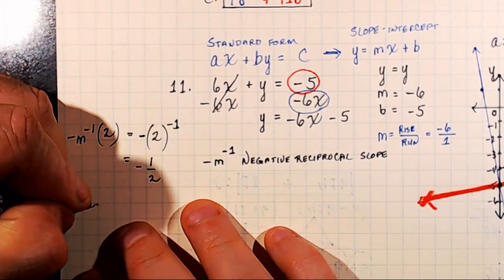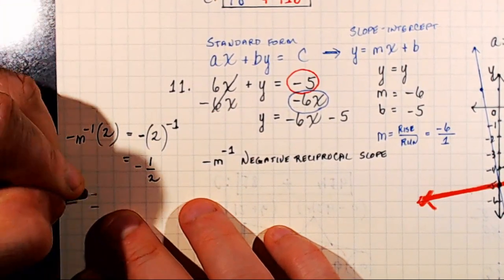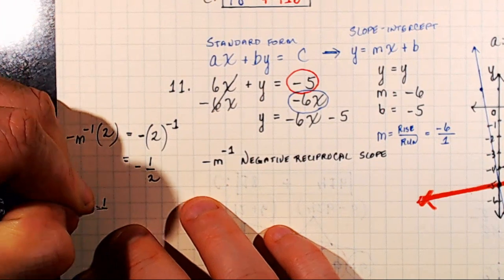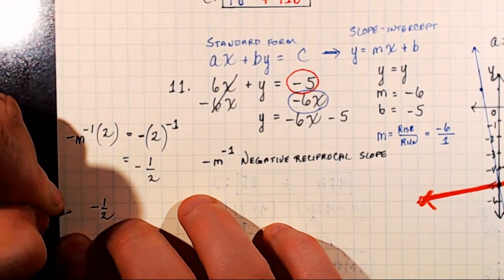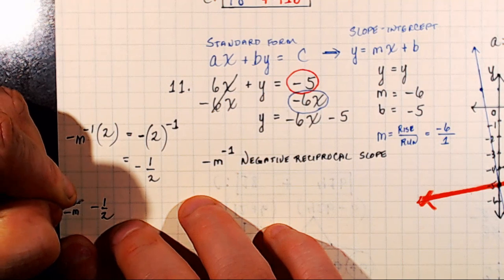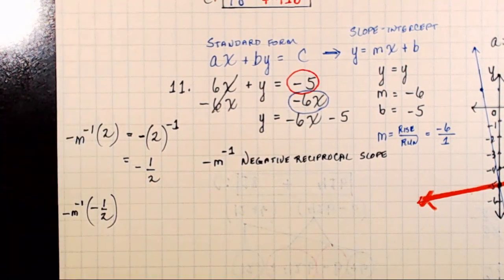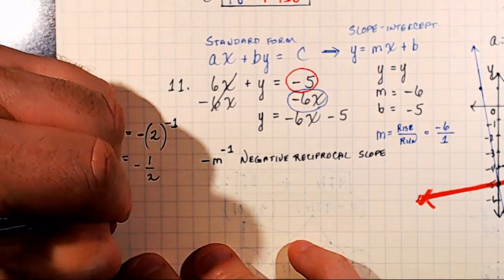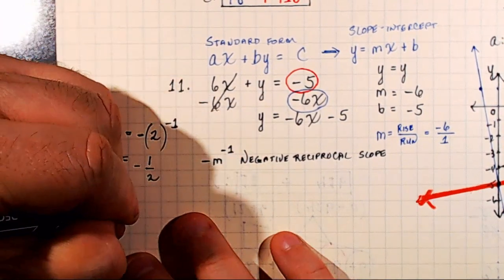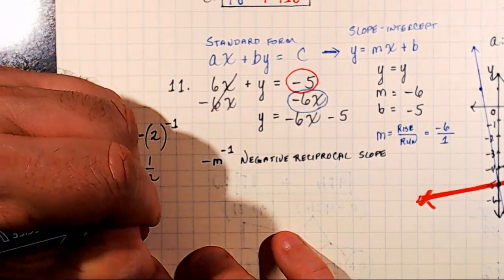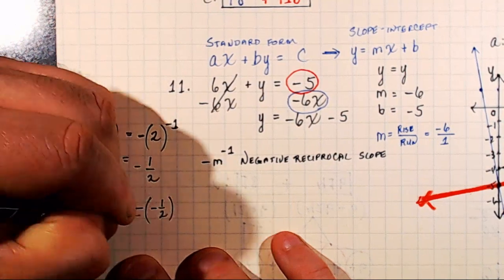Now let's do another one. How about the negative reciprocal of negative 1/2? What does that equal to? Well, take the negative reciprocal of negative 1/2.